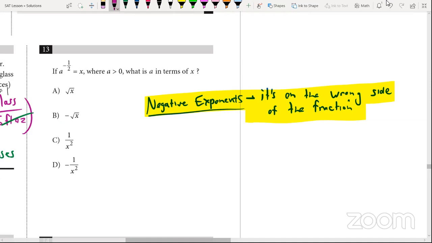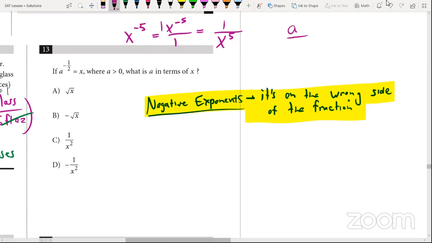If I have x to the minus 5, well, that's really x to the minus 5 over 1, because any number is really itself over 1. But now the negative exponent means it's in the numerator, but it should be in the denominator. So we're going to take the x to the 5th and move it to the bottom, and that gets rid of the negative exponent. But what's left on the top? Well, there was always an invisible number 1 there, so there still is. So x to the negative 5 is the same as 1 over x to the 5.